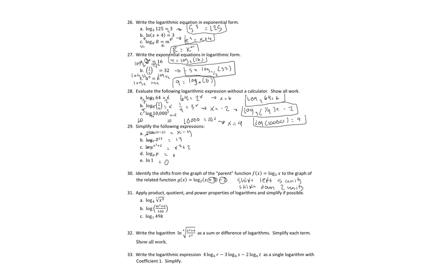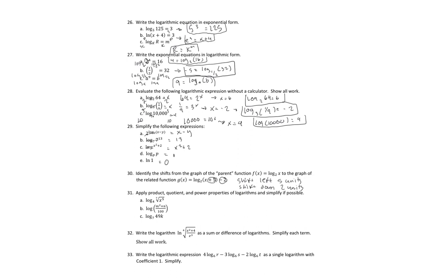All right, so on number 31, we have to apply product, quotient, and power properties of logarithms and simplify if possible. I'm just going to start off with part A. We have log base 4 of the 7th root of x to the 5th, which is looking a little complicated to me.